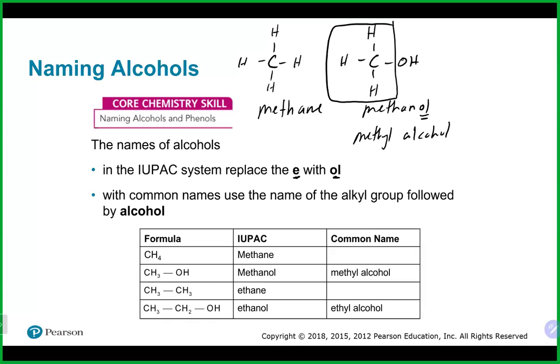So sometimes you will see a common name used with alcohols. We will go with, for us, really the IUPAC way of naming, which again is that more formal way of naming these guys. But again, like I said, sometimes that common alkyl group naming is definitely used.